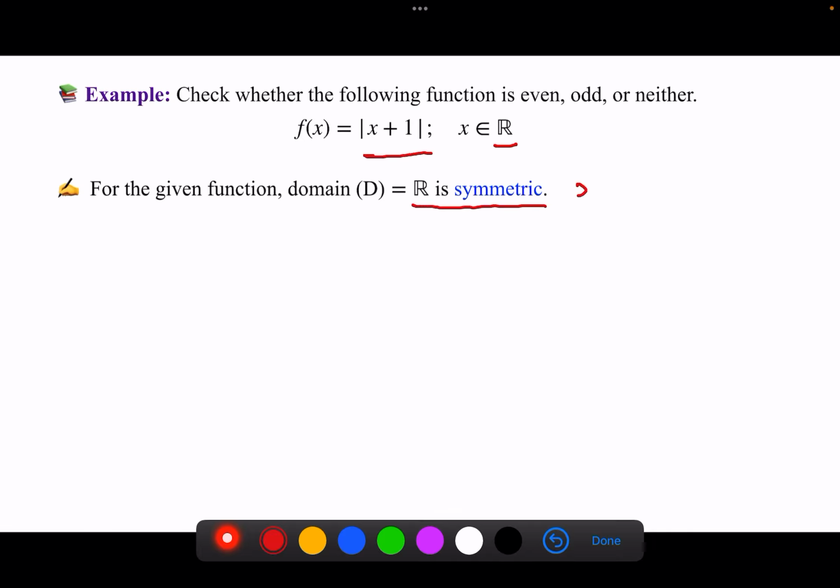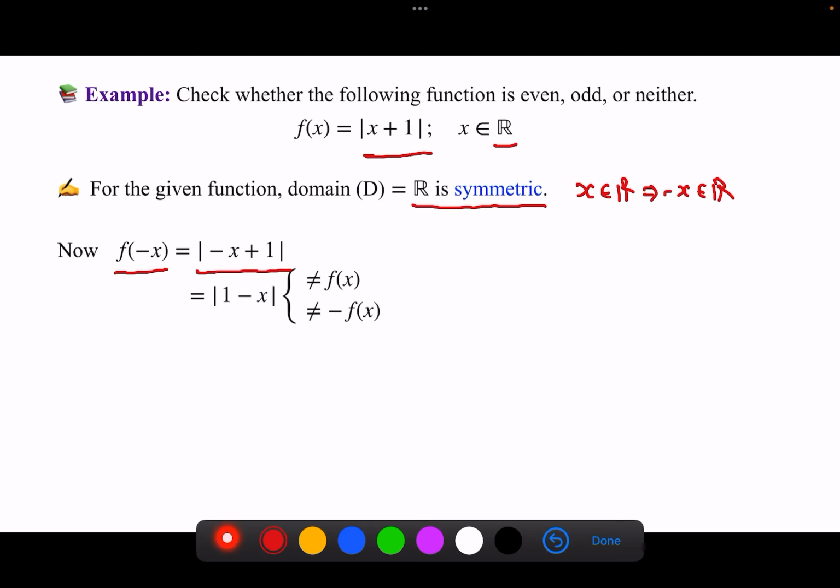As we know x belongs to R, this implies that minus x also belongs to R. Now to check whether the given function is even, odd or neither, we replace x by minus x and evaluate the function value at minus x. So we get modulus of minus x plus 1. This can be written as modulus of 1 minus x.